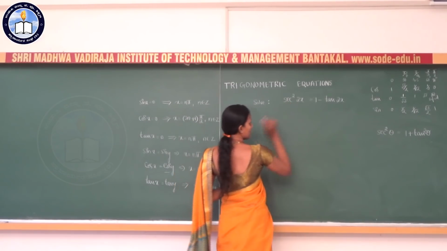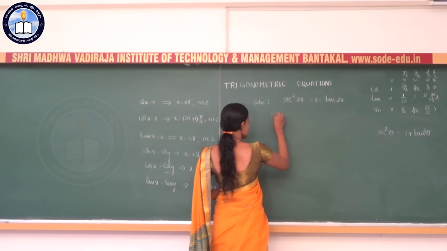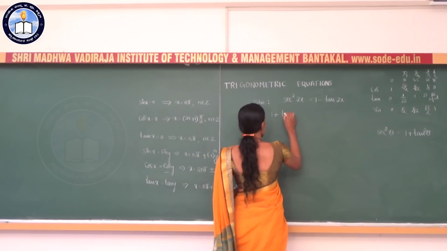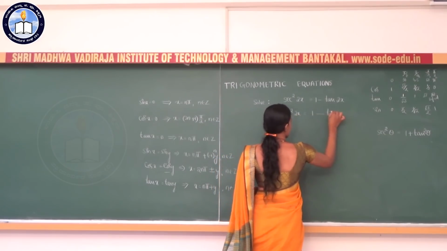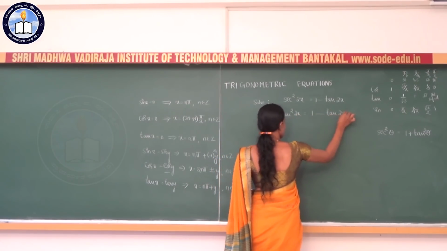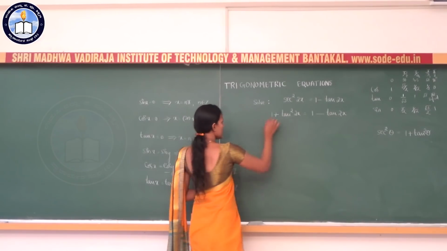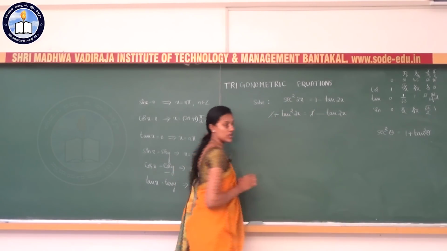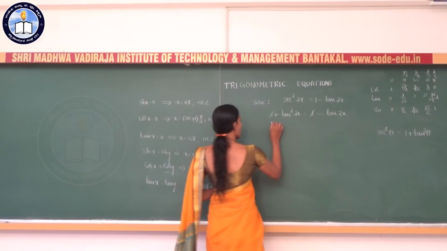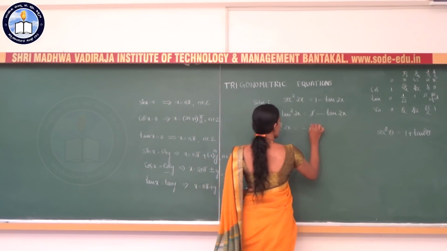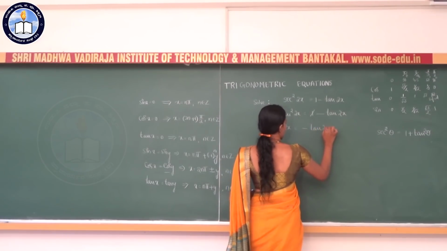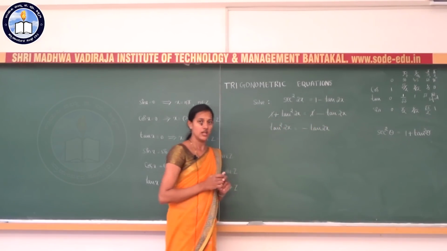So, secant square of 2x, we can rewrite it as 1 plus tan square of 2x. And the right hand side is 1 minus tan 2x. So, here we can cancel 1 on both sides. So, we have tan square of 2x is equal to minus tan of 2x.